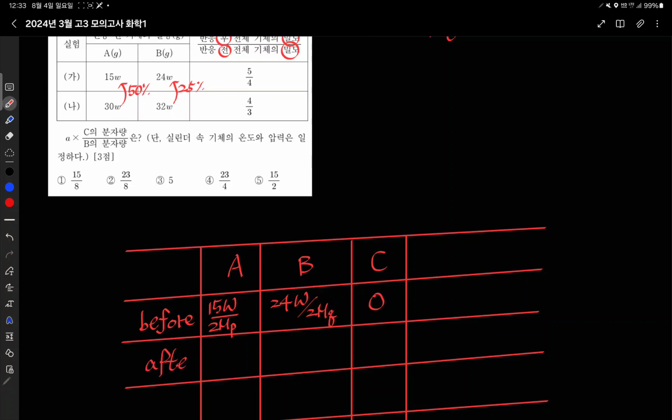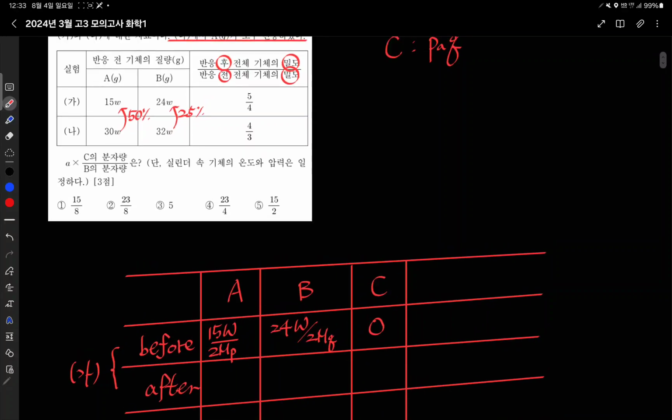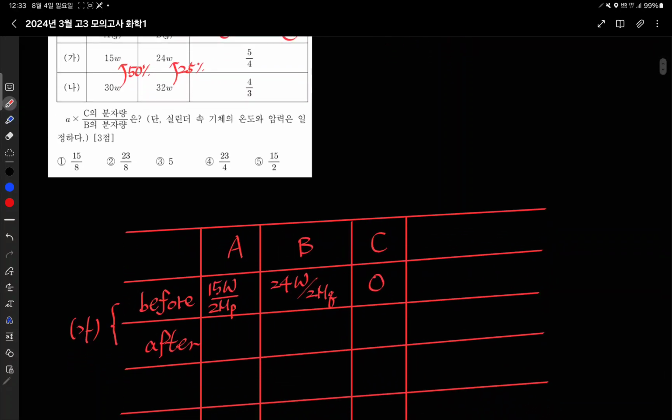And after the reaction in the first experiment, because A is the limiting reagent, there will be no A. A is all used up. And in the case of B, there will be some leftover.